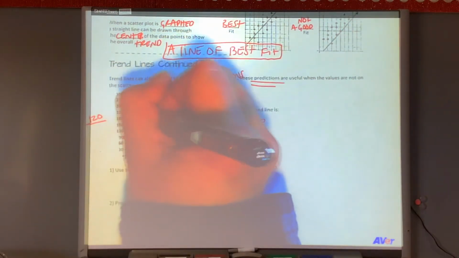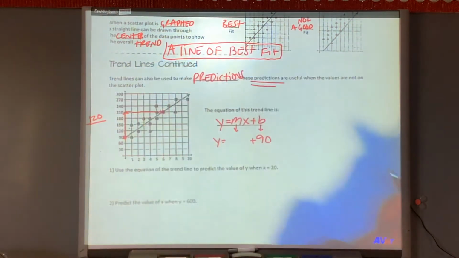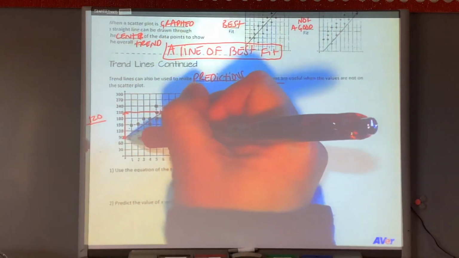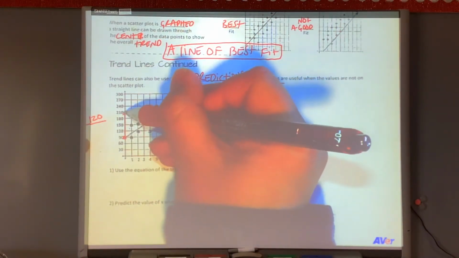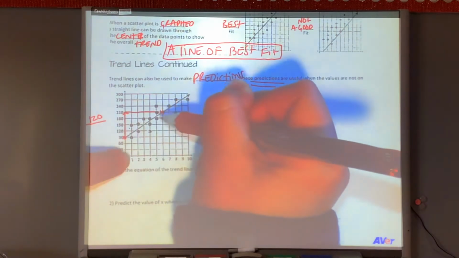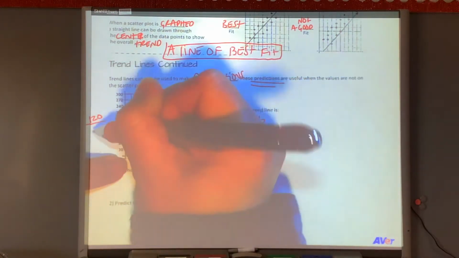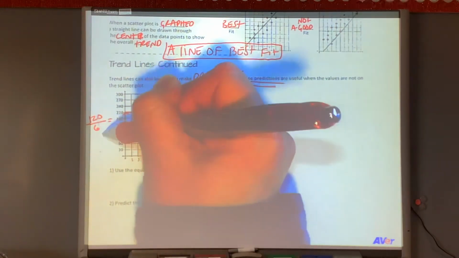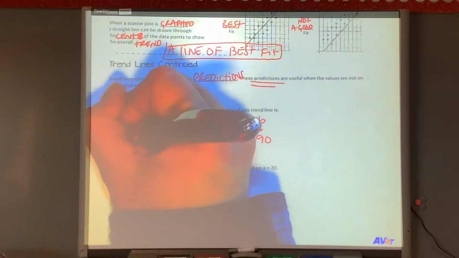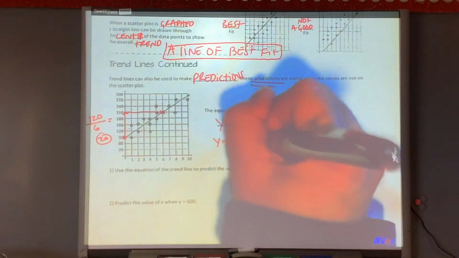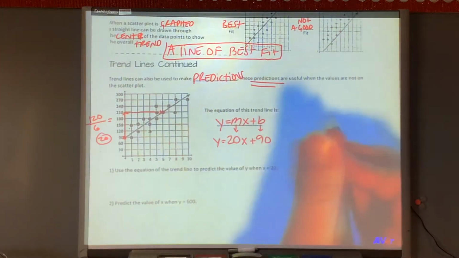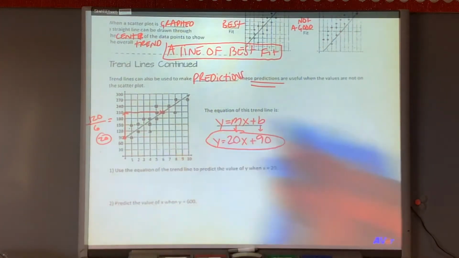Remember, I'm using my old skills to figure out the slope. Rise over run. Up 120 over, and then down here it's not counting by those crazy numbers. It's counting by just regular 1, so over 6. 120 over 6 is 20. So it looks like it was going up 20 each time. 20 is my slope. I have now created an equation to my trend line.